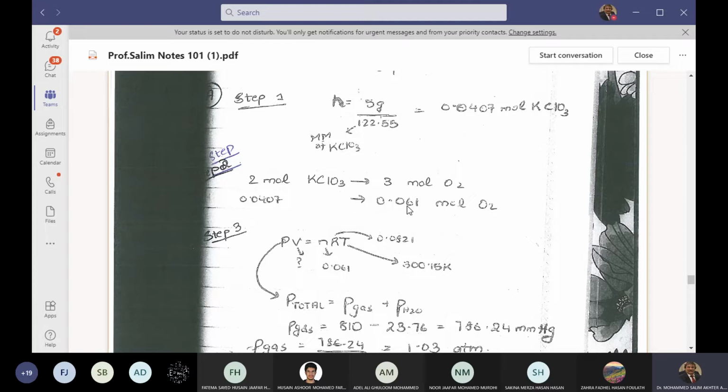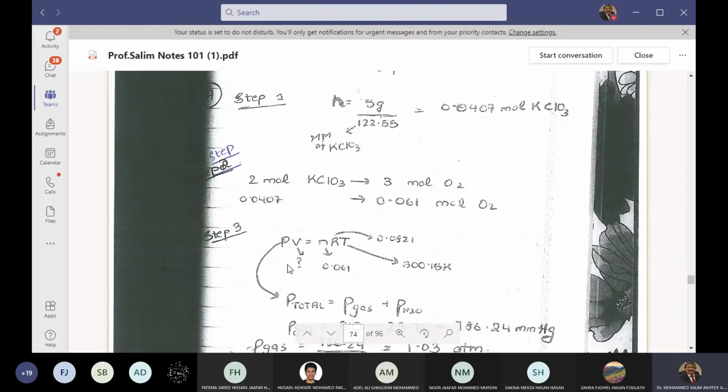Correct. I want to use PV equals nRT. Whenever I use PV equals nRT, make sure that your pressure is in atm, your R is there, your n is the number of moles, temperature has to be in Kelvin, and when you calculate volume, it will be in liters.